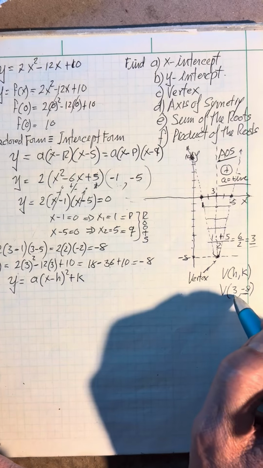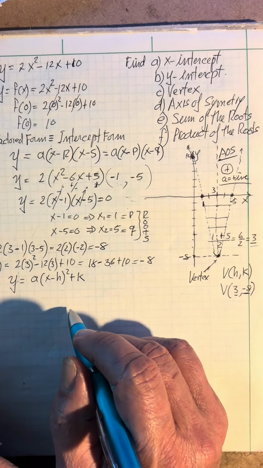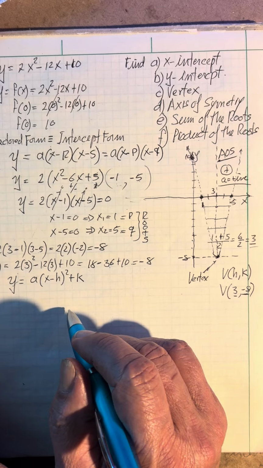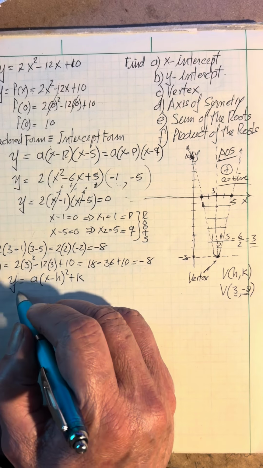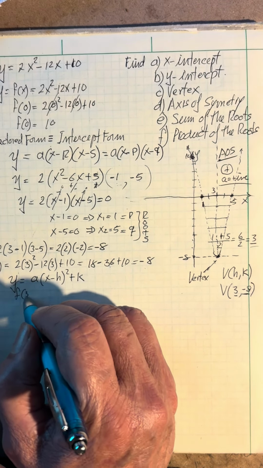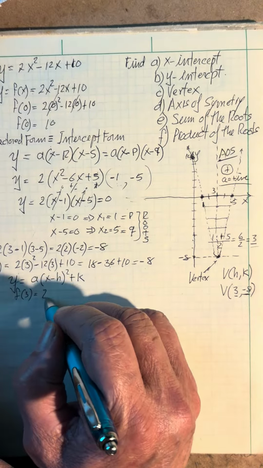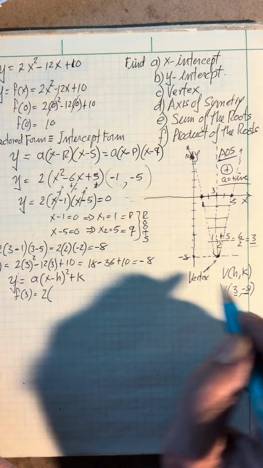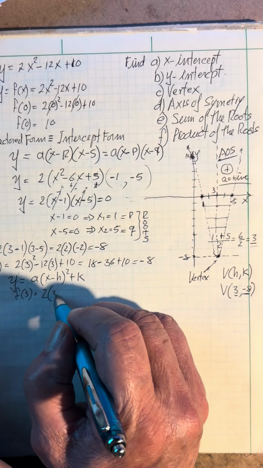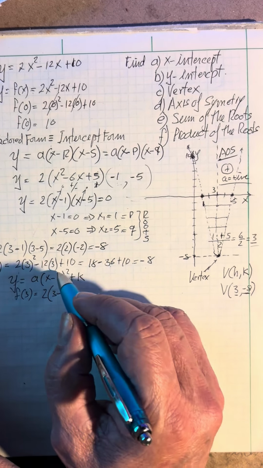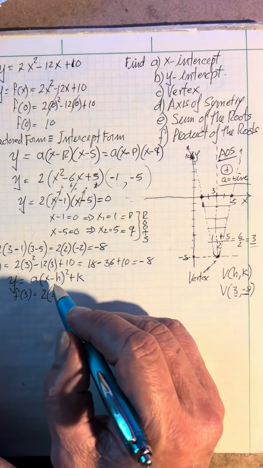That point is x equal to 3. So we can write f of 3 is equal to a, the leading coefficient, which is 2, times (x minus 3) squared, and h is already 3.